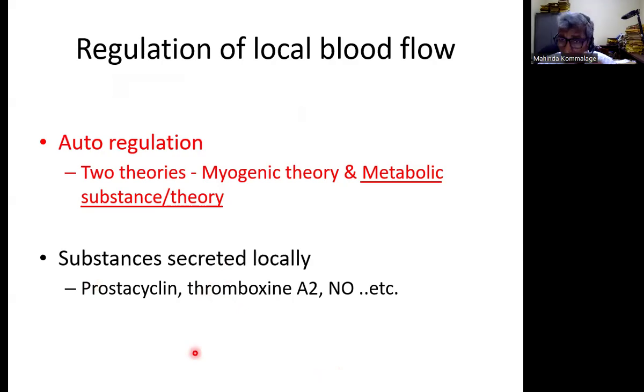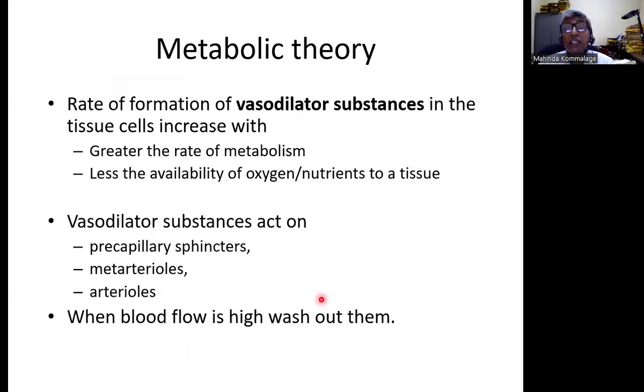So these are purely locally regulated mechanisms. Vasodilator substances are produced by metabolism. When the tissues are more active, we produce these metabolites like carbon dioxide, H plus, and potassium. We produce large amounts when our tissues are metabolically active, for example in the muscles.